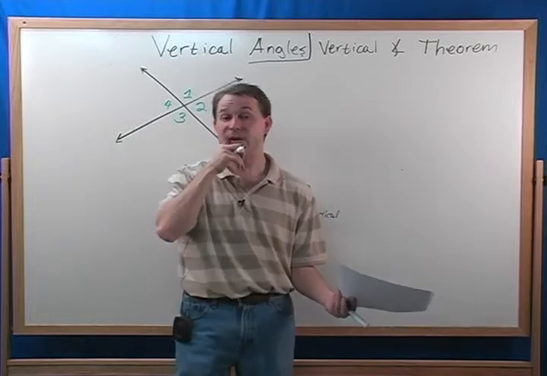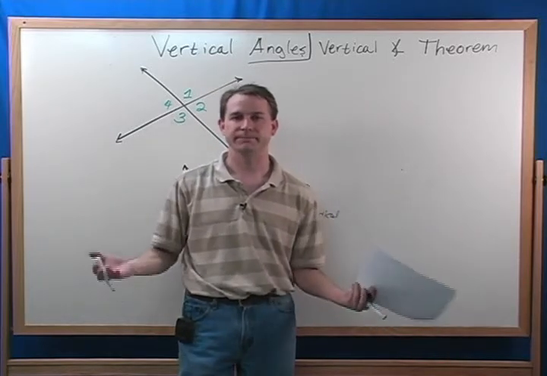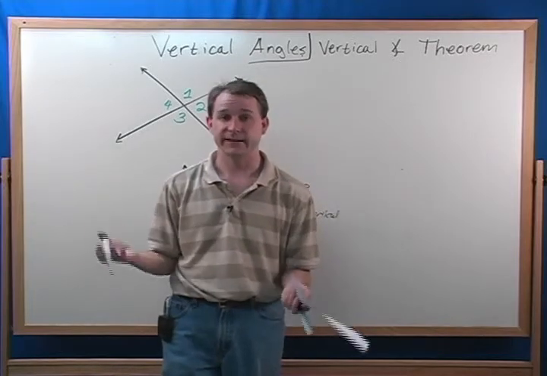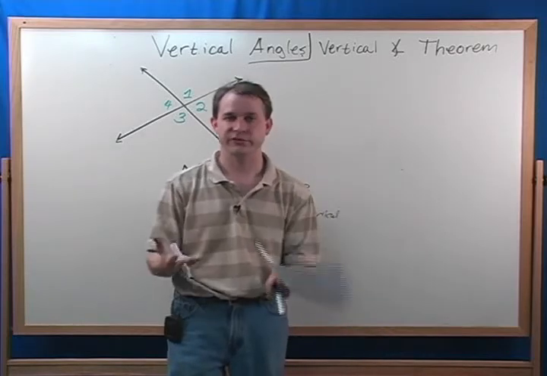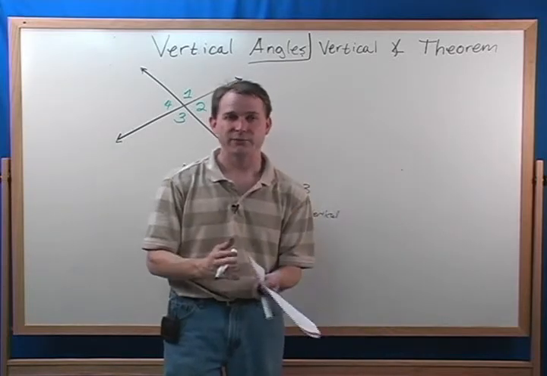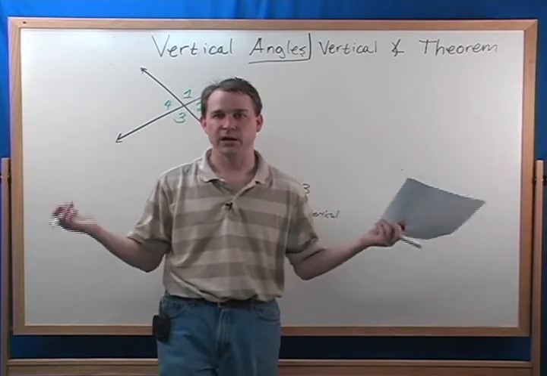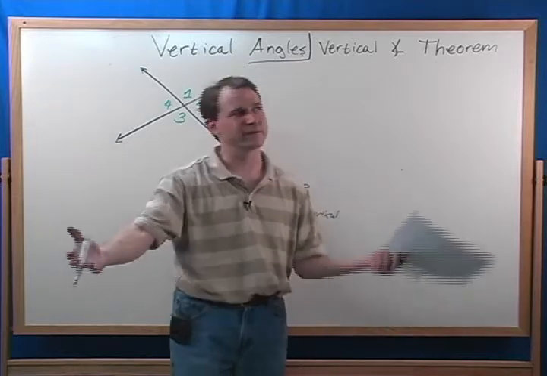A theorem is just something mathematical that can be proved. So just like I told you before, you have 60 seconds in a minute and 60 minutes in an hour. That is something that is told to you. That is a fact that really can't be proved any more than the sun is yellow. I mean, it's that way. That's something given to you. You can't really prove it other than to look at it.